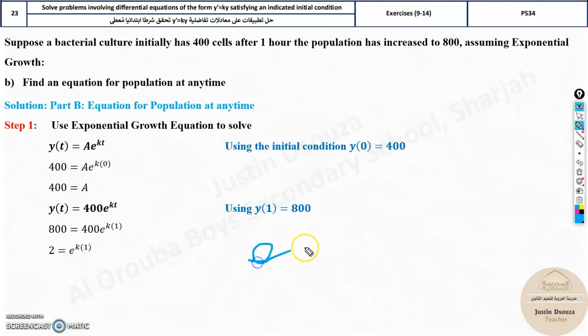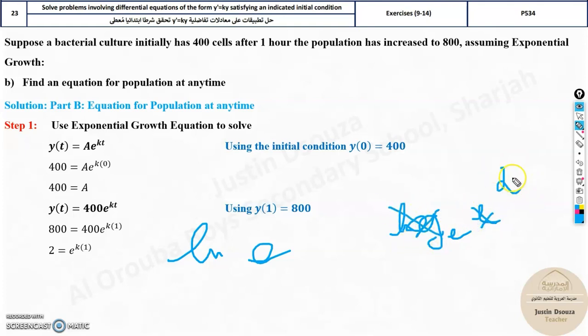How can you remove the exponential function? Take natural logarithm, because natural logarithm has base e, and from natural logarithm properties, whatever is the power comes in front and the ln e cancels off.